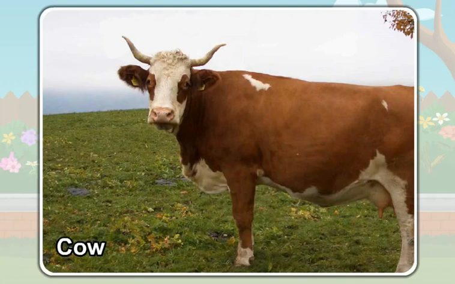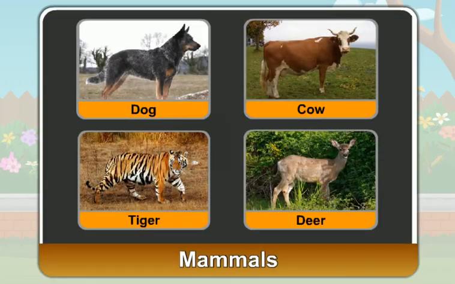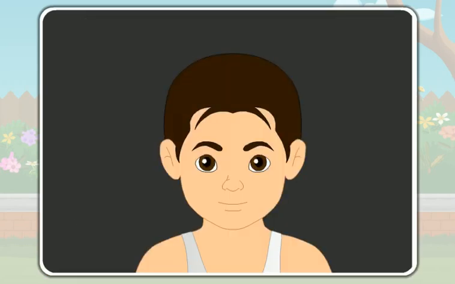Look at the ears of this cow. The ears have an outer part. The outer part is known as the pinnae. All the mammals have the pinnae. You all also have pinnae, don't you?